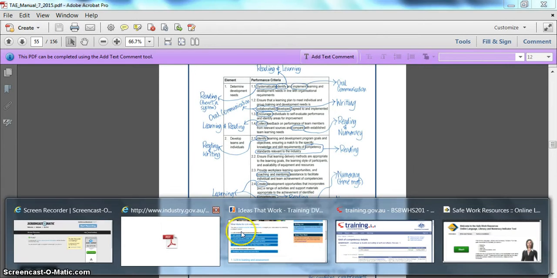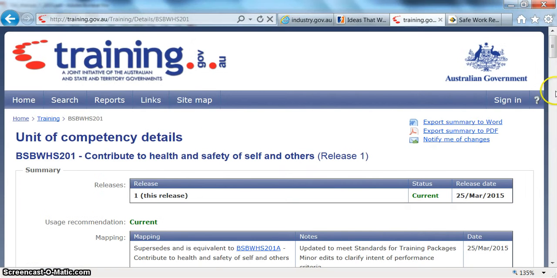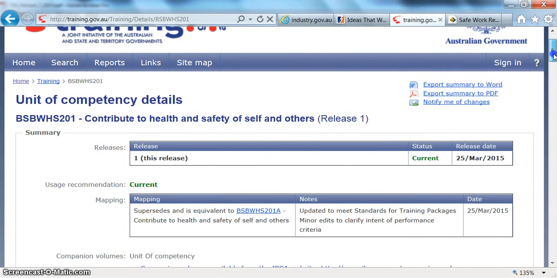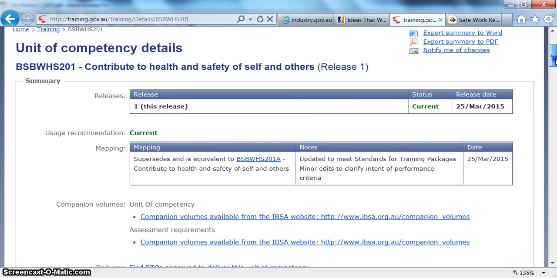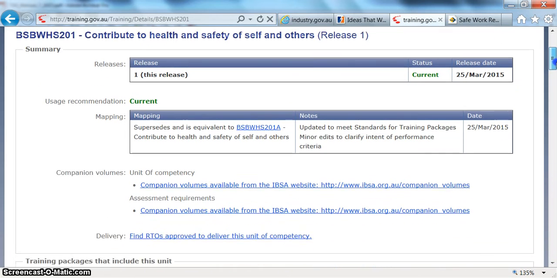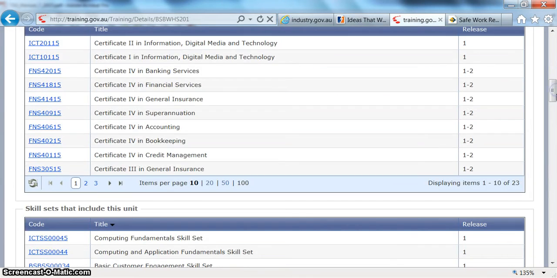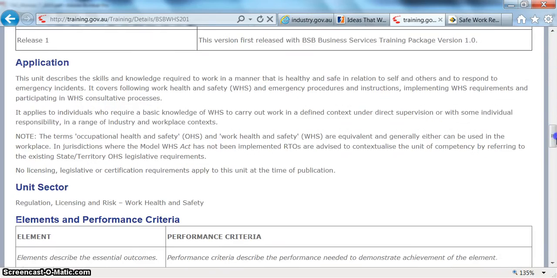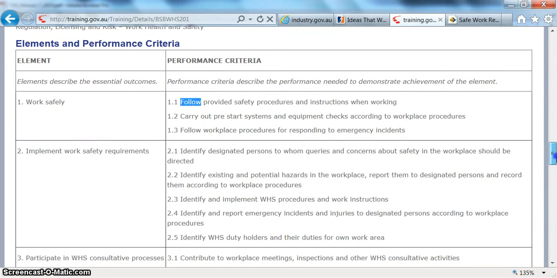If we have a look at a unit of competency on training.gov.au, such as BSB WHS 201, contribute to the health and safety of self and others, then as we read through the performance criteria, we're going to see those keywords that indicate the core skills. Follow is a learning skill. As soon as you see any documents listed, such as procedures or instructions, that implies reading.